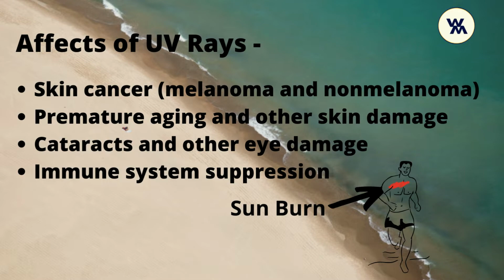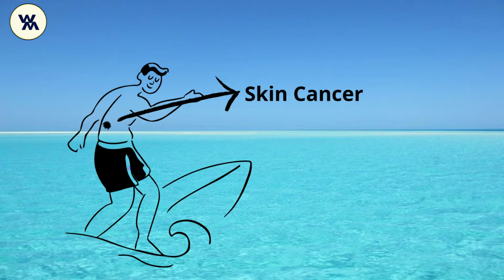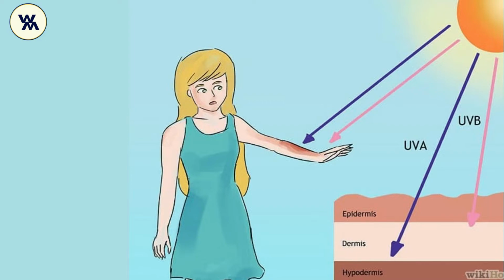Since there's a hole, all these UV rays are directly reaching the earth, and hence damaging our skin and body. Here somebody is surfing, but he got a black spot, which is skin cancer, one of the effects. But let's see in more detail.